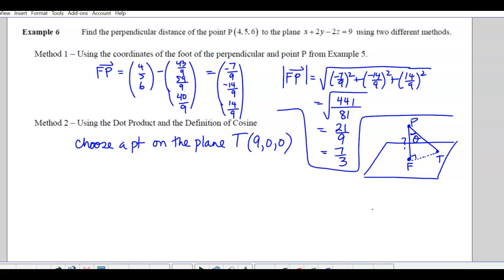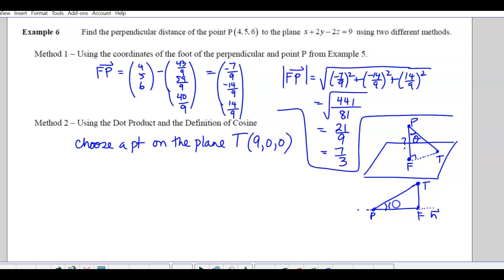So we have P, F. I'm going to show it like we did in the definition of the dot product. Remember, PF is parallel to the normal vector, right?